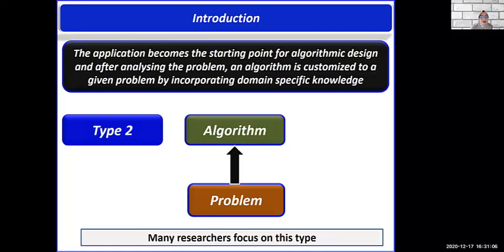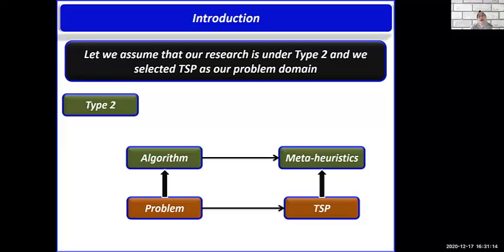So many researchers focus on this type. So let me assume our research is under type 2 and we select TSP as our problem. So we start with a problem, then we identify the algorithm. So let's say the problem is TSP and we choose one of the meta-heuristic approach.